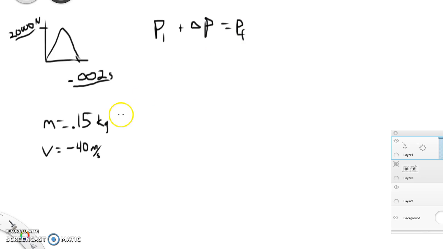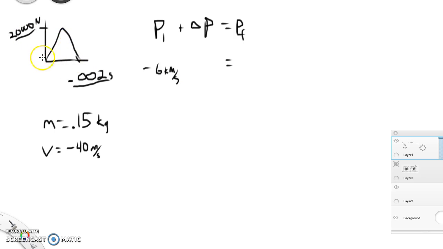Okay, so our initial momentum, 0.15 times negative 40, that's going to be about negative 6 kilogram meters per second. Okay, we're going to find the area of this graph.